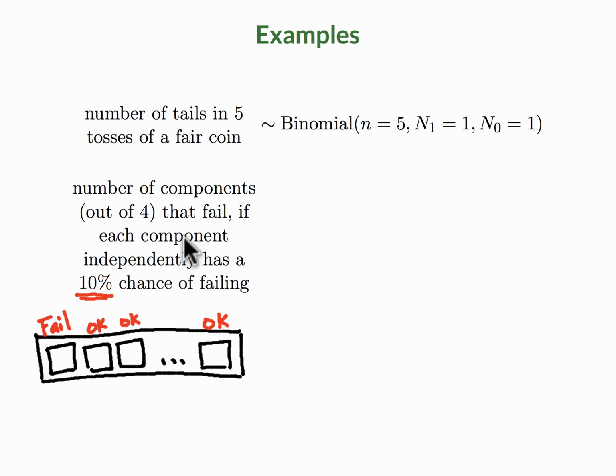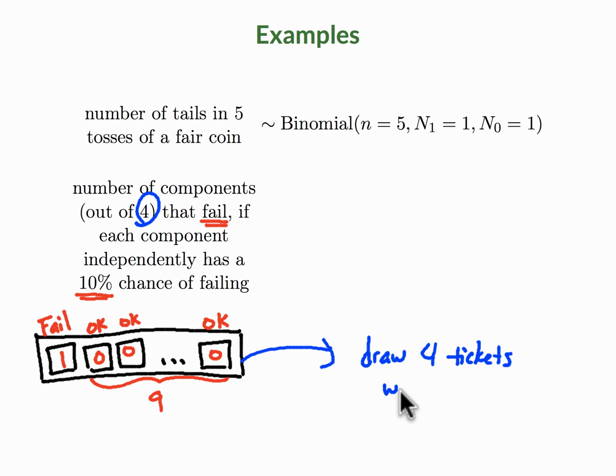And since I'm interested ultimately in the number of components that fail, let me label this fail ticket 1 and the rest 0. So I have one ticket labeled 1 and 9 tickets labeled 0, so that each draw from this box represents this 10% chance of failing. Now, since I have 4 components, I should draw 4 tickets from this box, and I should do this with replacement to represent the fact that each component has a 10% chance of failing independently of any of the other components.